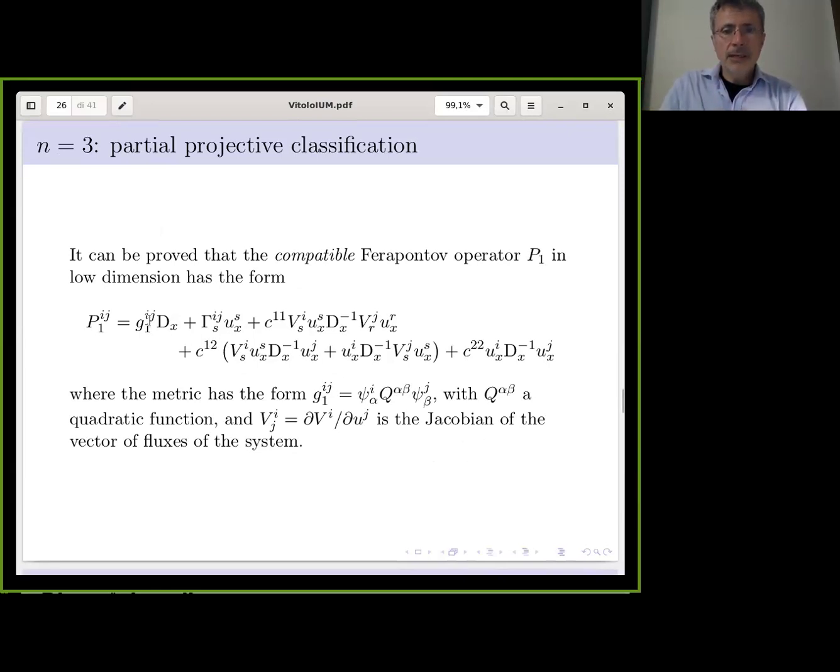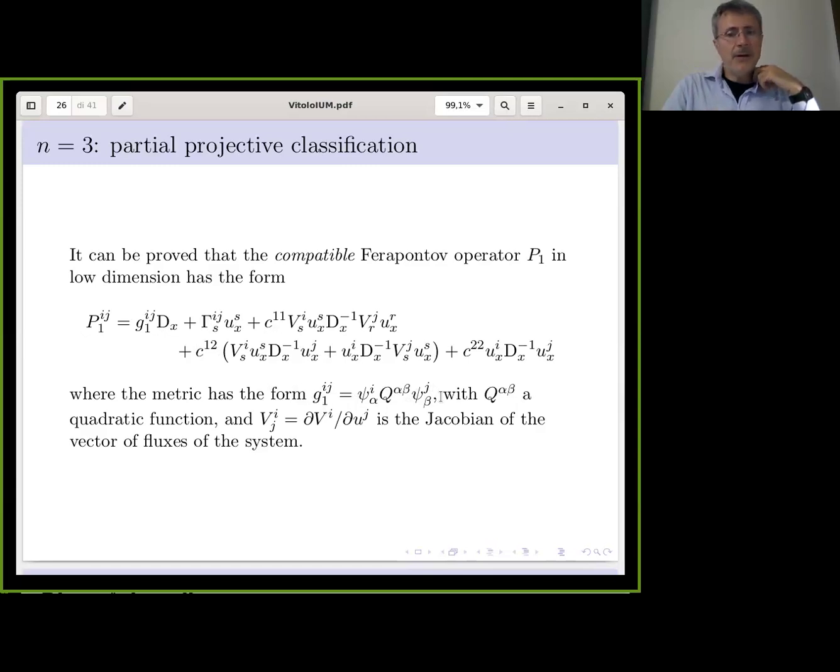So the local part is what you expect, and then you have 3 non-local different summands, which are each multiplied by coefficients C11, C12, C22. And the metric or the leading coefficient matrix of the operator has the form which I write here, psi I alpha, q alpha beta, psi j beta.